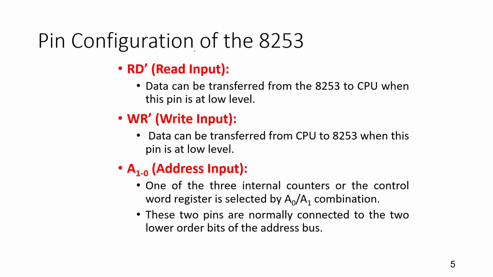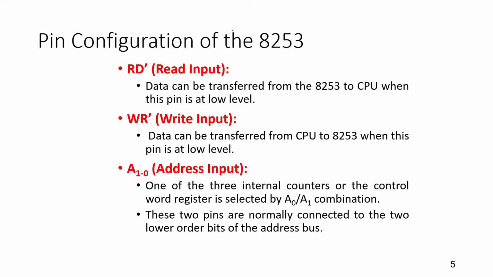The next signal is the write signal. It means the data can be transferred from the CPU into the 8253. Whatever data the CPU wants to write into the 8253, whenever this pin is at a low level, it can be used to transfer the data from the CPU into the 8253.